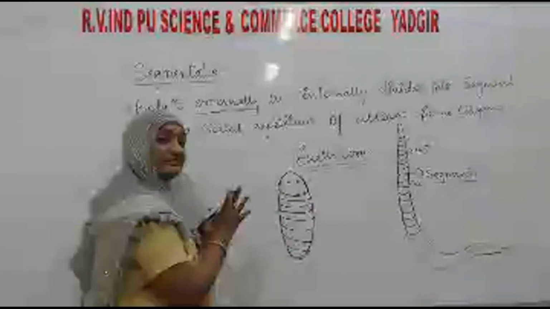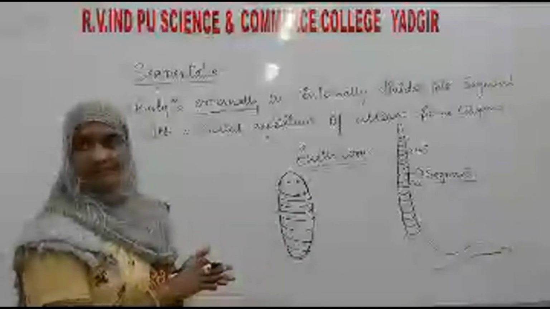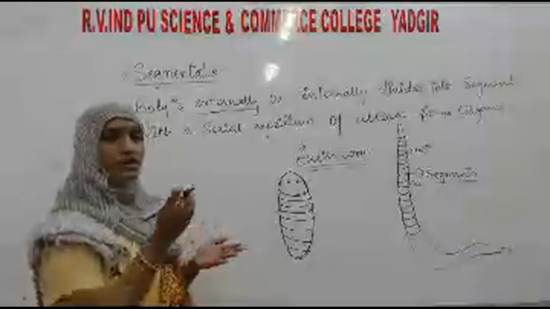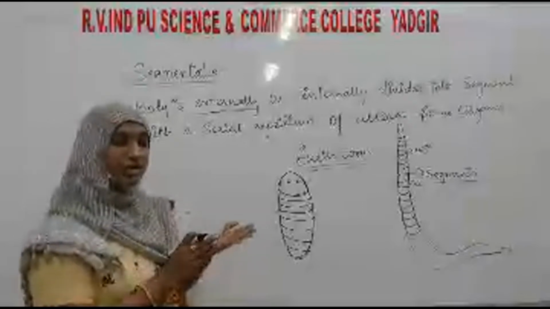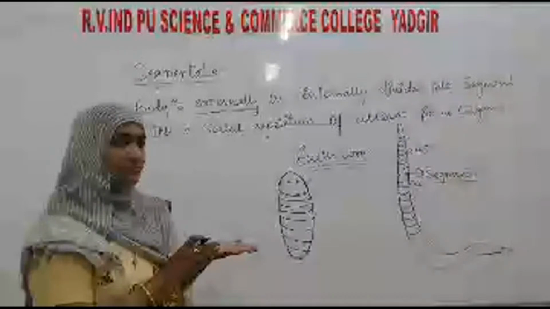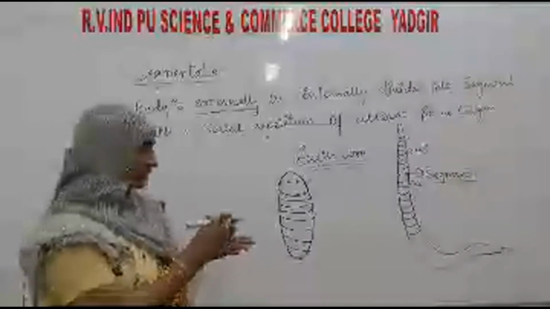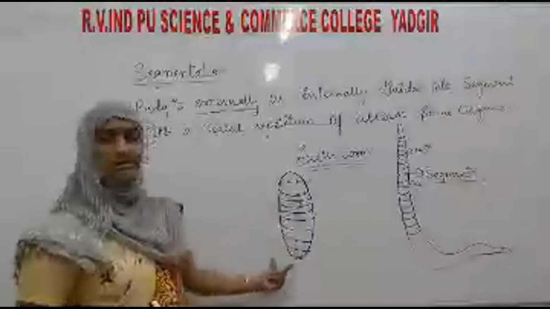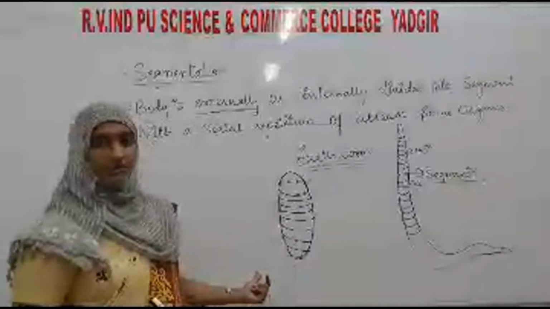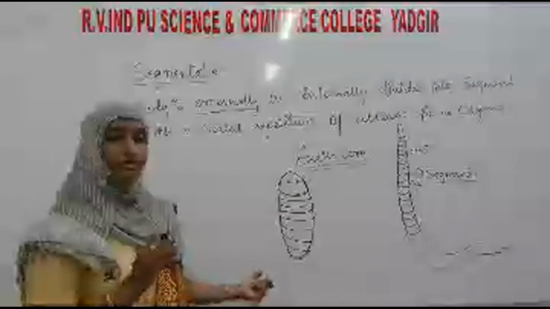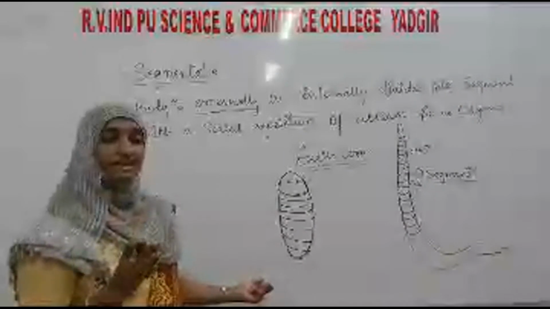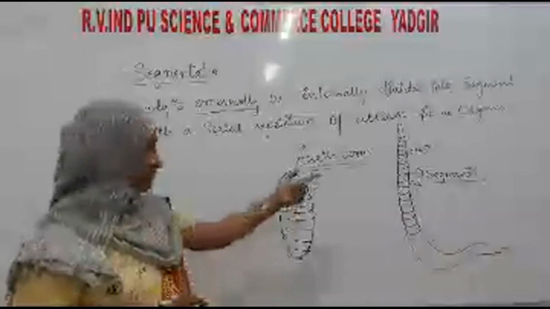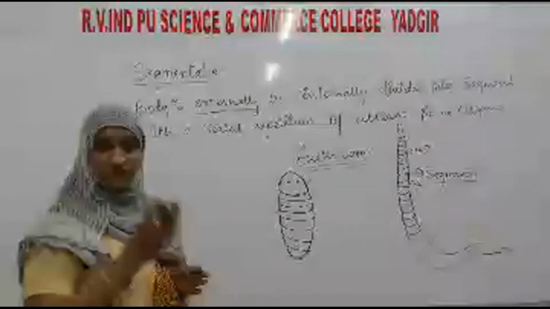It is just external, not internal. If you take one cockroach and see it ventrally, not dorsally, you can see the linings. These are the segments. Here in the cockroach, the segments are present externally, only from the outside, not from the inside. But in the annelids, the body is totally segmented.